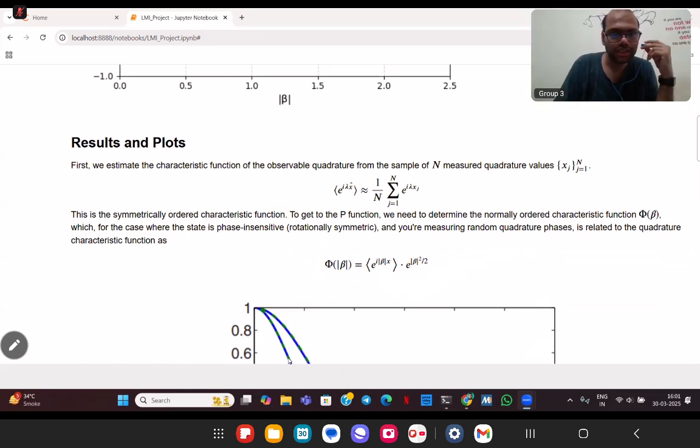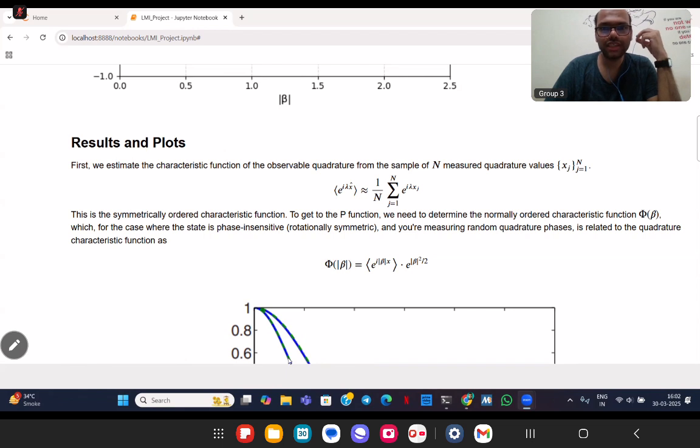I'll now explain the results that are described in the paper. First, from the measured quadrature values, we calculate the characteristic function shown previously.